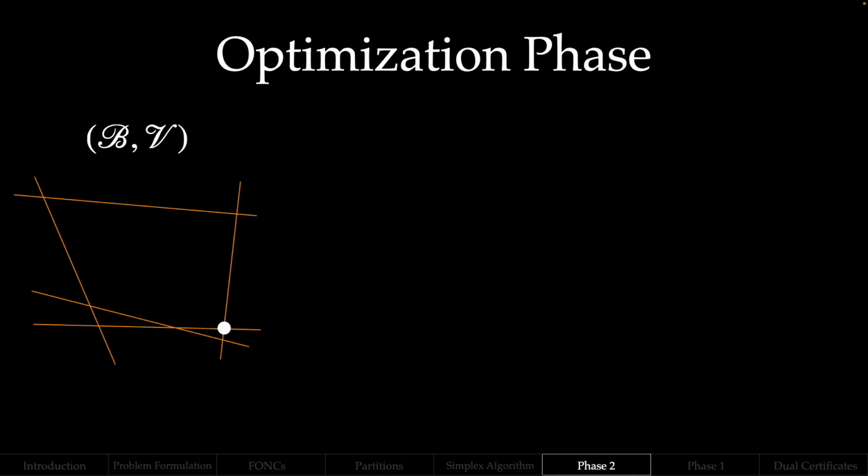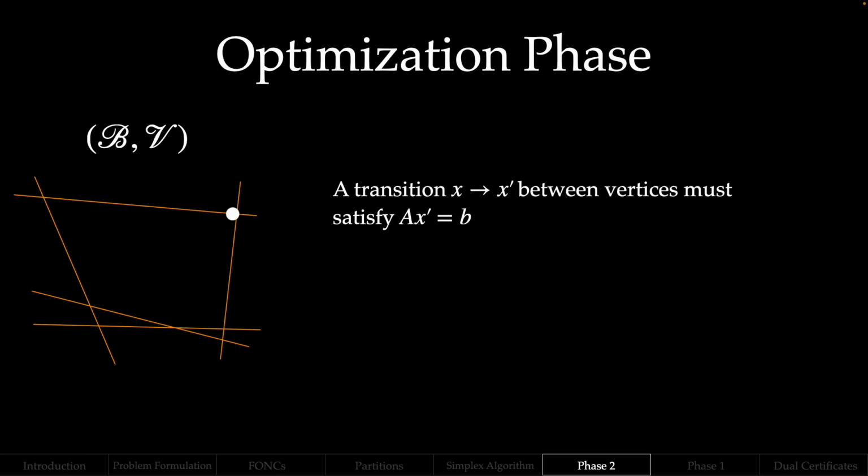Okay, so the optimization phase. In the optimization phase, we're focused on this transition between x and x prime. And we know that this transition has to satisfy Ax prime equal to b. We're assuming here that we're starting with some initial partition. In phase 1, we're actually going to solve for this, but for now, we're assuming we have some initial partition to work with.